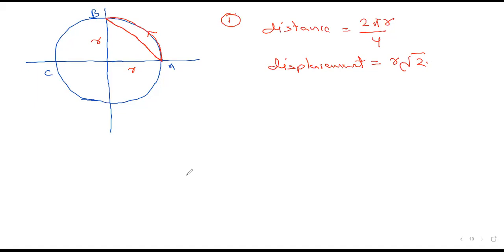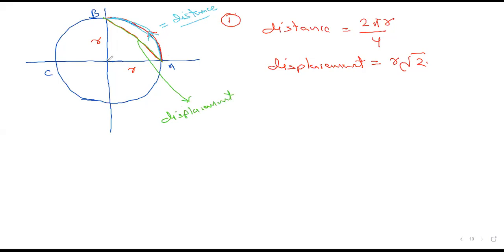This is the distance when you are going from A to B. And when you are going along this line, then this is the displacement.